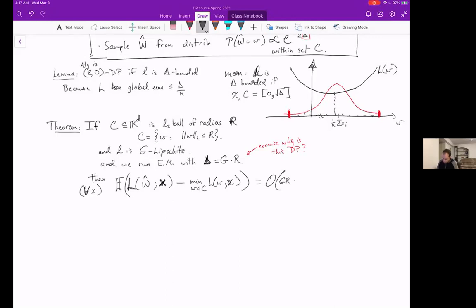Okay, so for the purposes of the proof, maybe it's easier to just think of them as 1, times d over epsilon n and an additional log factor of epsilon n over d.